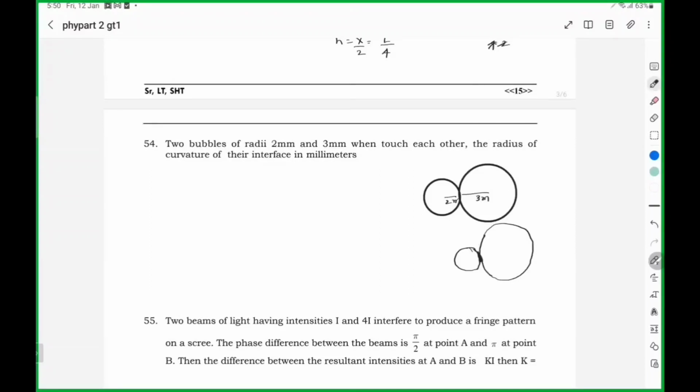So here, this interface or this contact becomes an arc of some other circle, whose radius is capital R.